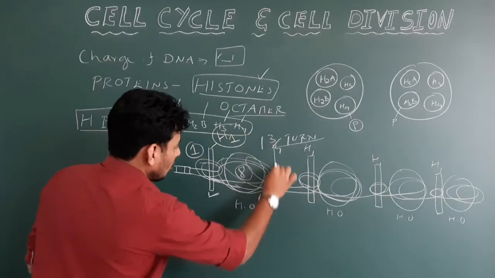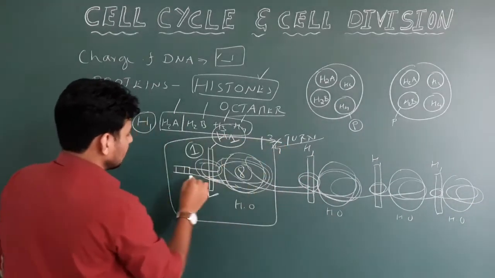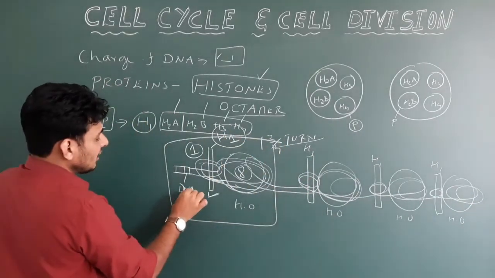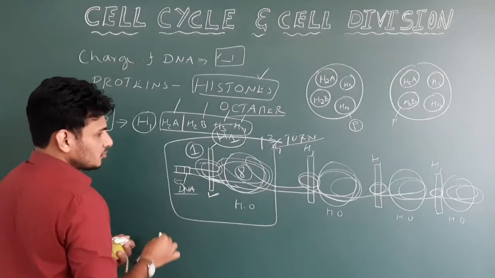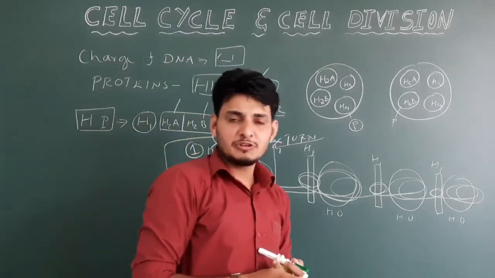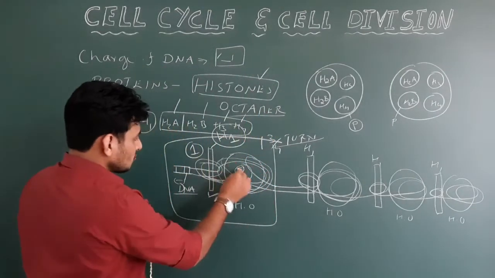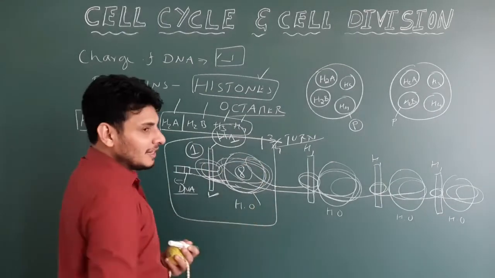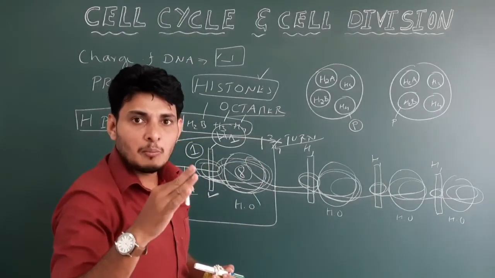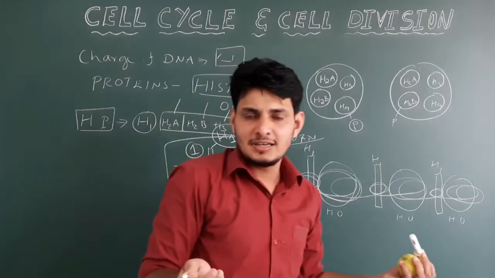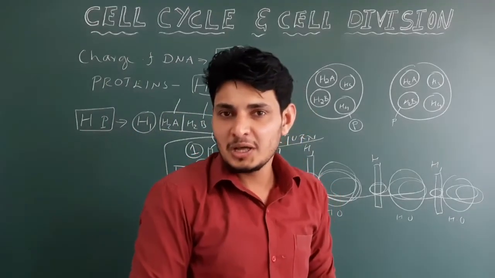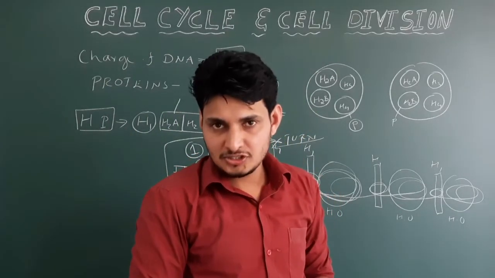Now I am talking about this structure. It contains negatively charged DNA. DNA is negatively charged because of the presence of phosphoric acid, which is negatively charged. And this histone octamer mainly contains two important amino acids. We know the basics: all proteins are mainly made up of amino acids.